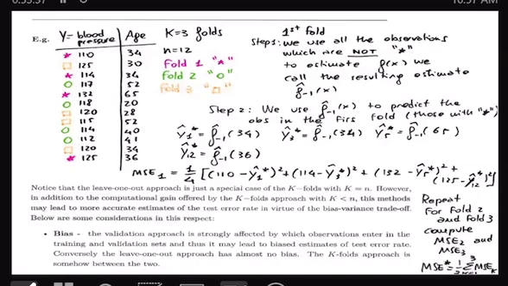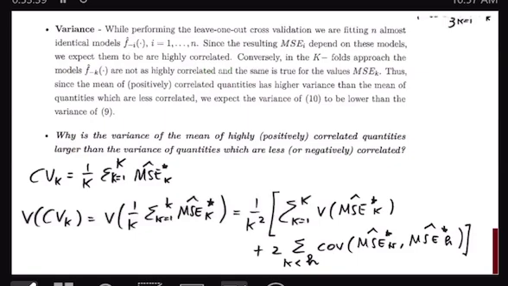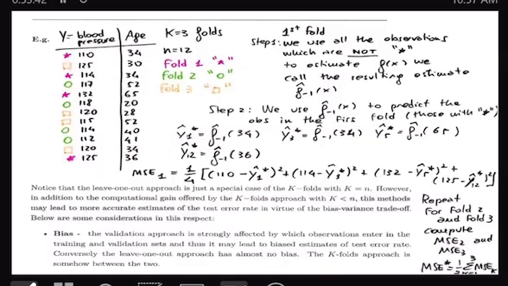Now, let me tell you this. This is highly recommended because the approach is strong. The approach actually uses all the data, and that really makes it one of the best approaches in cross validation. But I'm not going to promise you that everything in the world doesn't have a disadvantage. It has its own disadvantages too.